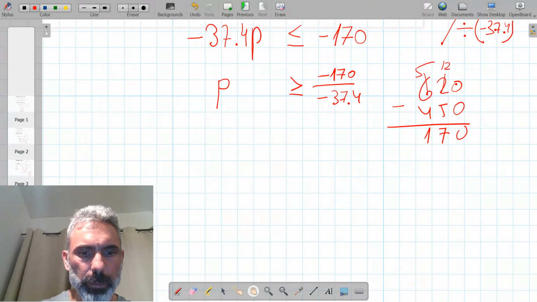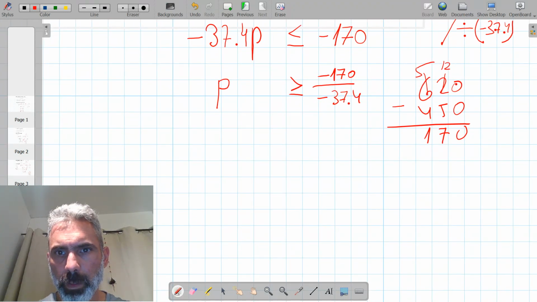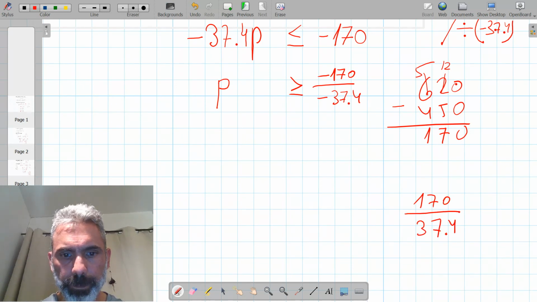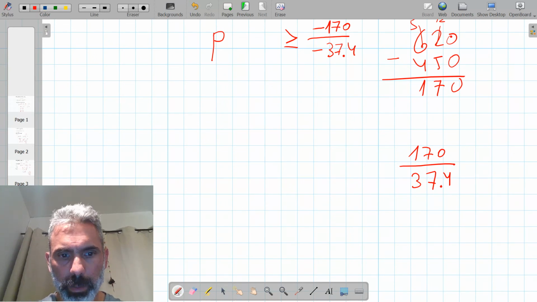Okay, so negative divided by negative is positive, so this is the same thing as 170 divided by 37.4. Now I can get rid of the decimal point here and add 0 here. So in fact I have multiplied both the numerator and the denominator by 10, so I get a divisor which is a whole number.